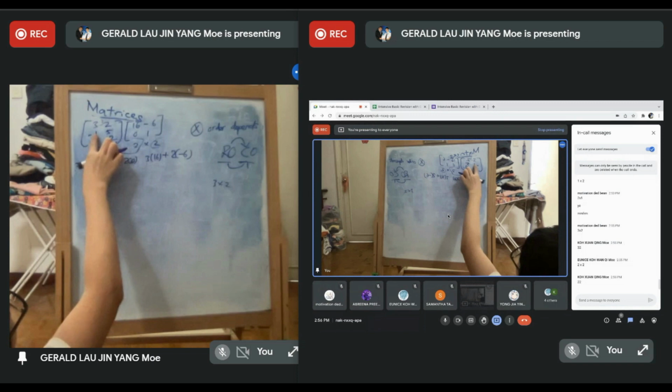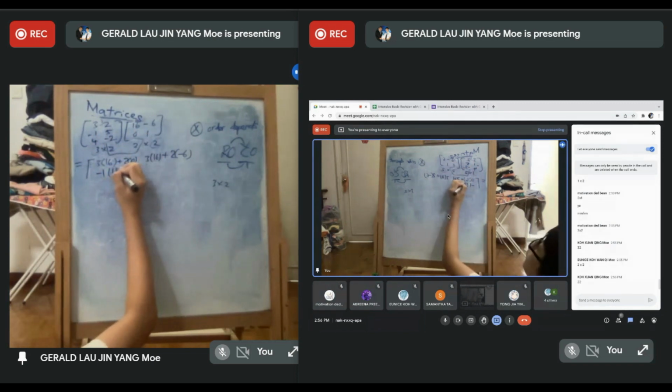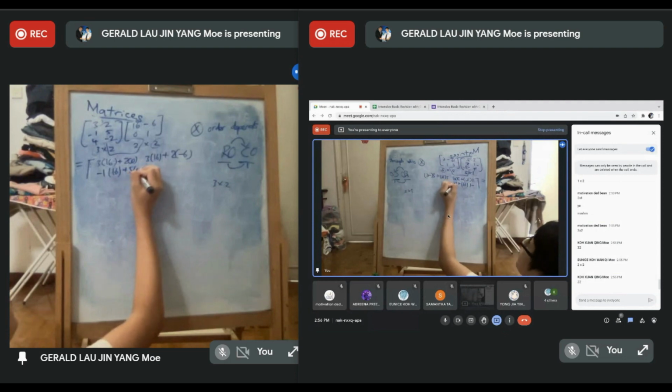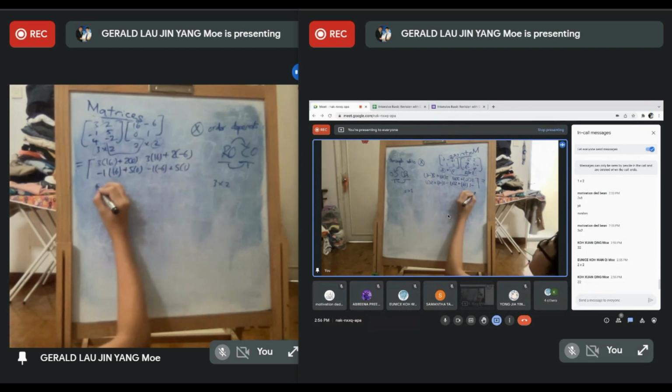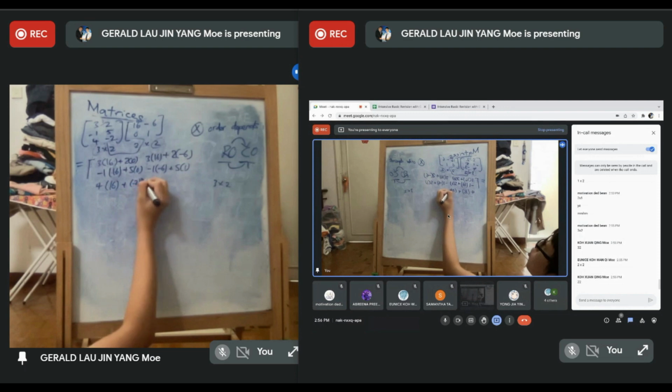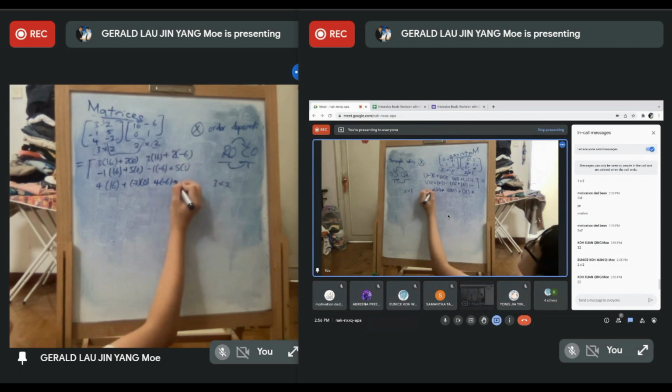Third element. Second row times first column. Negative 1, 16 plus 5 times 0. Then negative 1, negative 6, 5, 1. Okay, 4, 16, negative 2, 0. 4, negative 6, plus 1, negative 2.